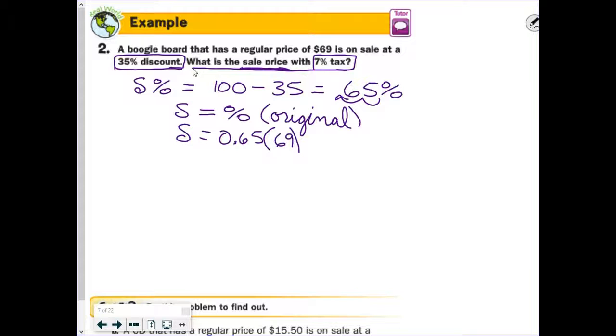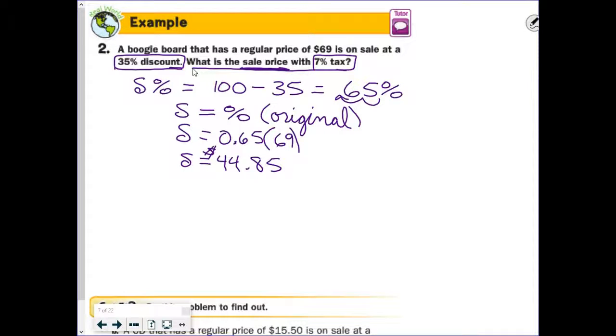So we go 0.65, making sure that we type it in correctly, times 69 equals, and we get 44.85. Keeping in mind that this, again, is money, it would be $44.85.